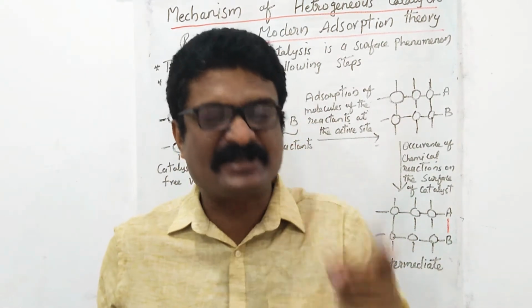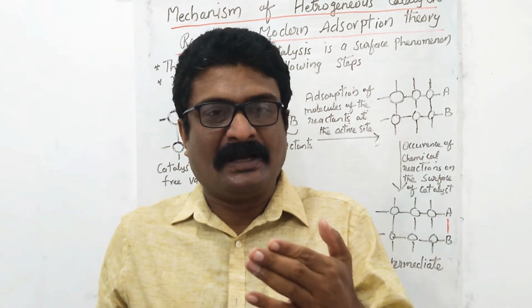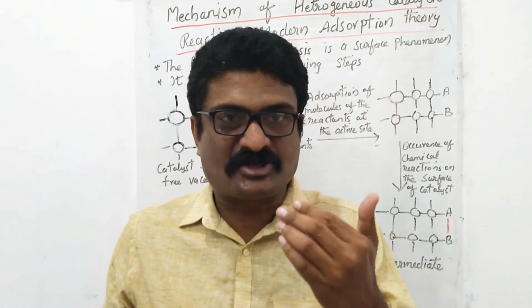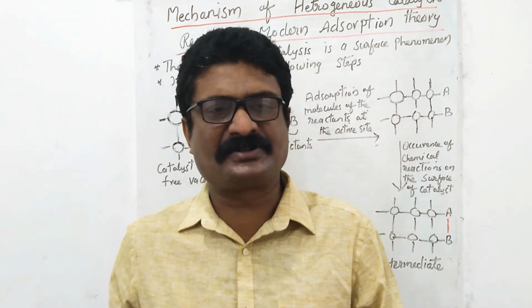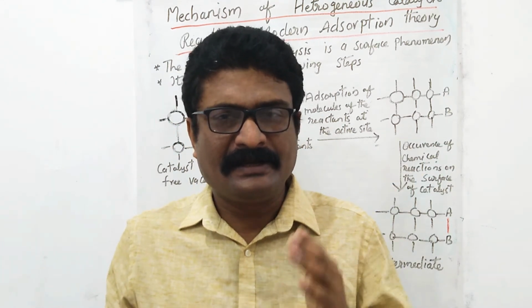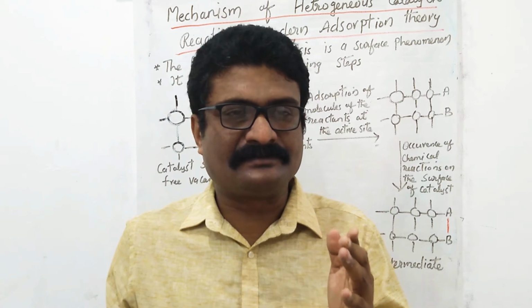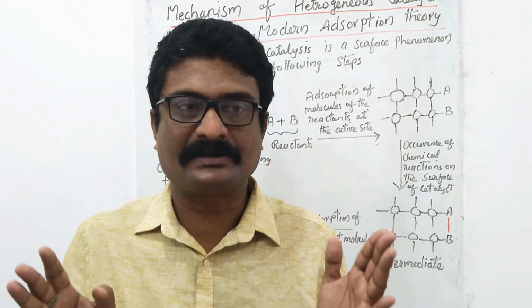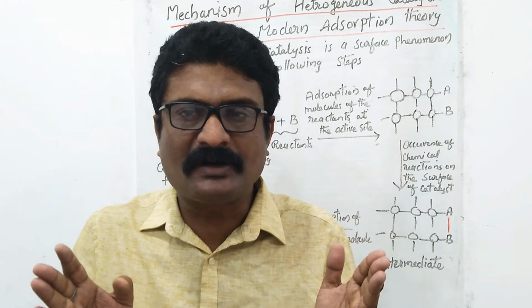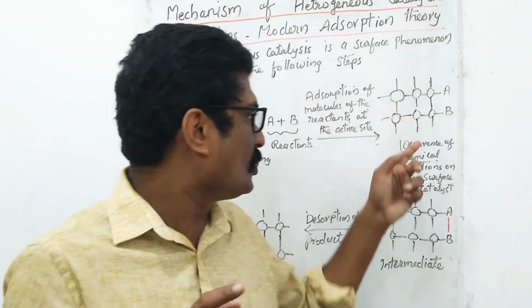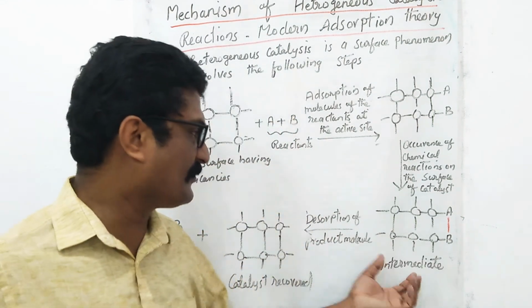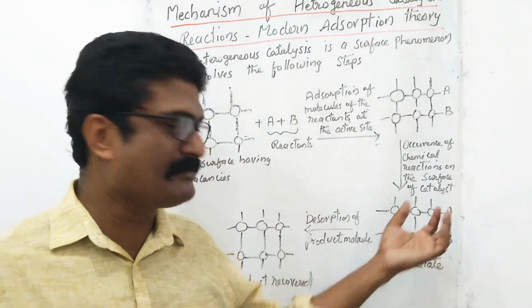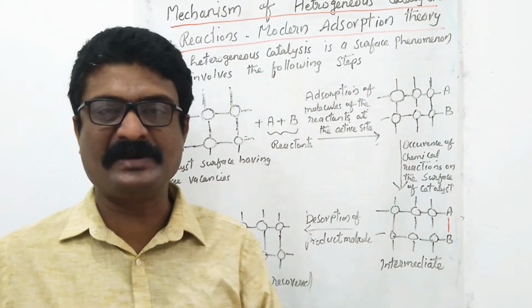The catalyst involves the formation of an intermediate. So what is the third step? Occurrence of the chemical reaction on the surface of the catalyst through the formation of an intermediate. Here a reaction intermediate is formed.